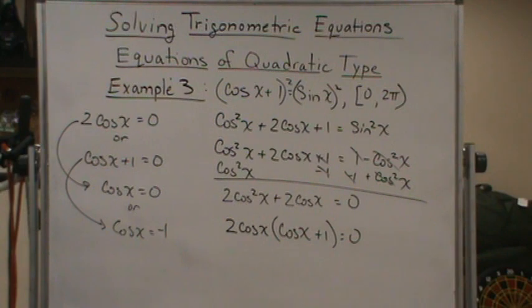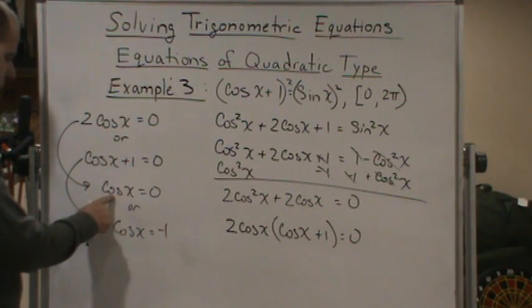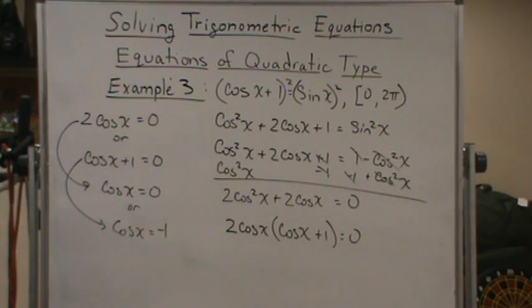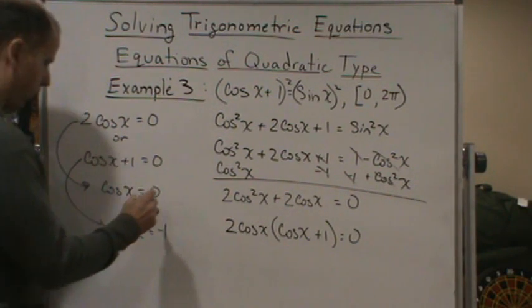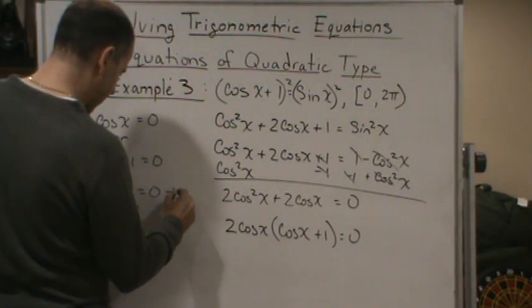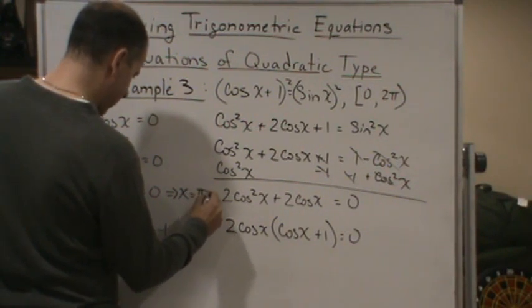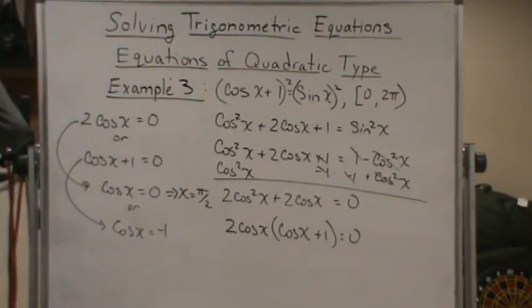Okay, now this is pi over 2. So cosine is 0, right? Think of the unit circle. So cosine is 0 at 90 degrees, or pi over 2. So this implies that x equals pi over 2. Now, when is cosine negative 1 though?